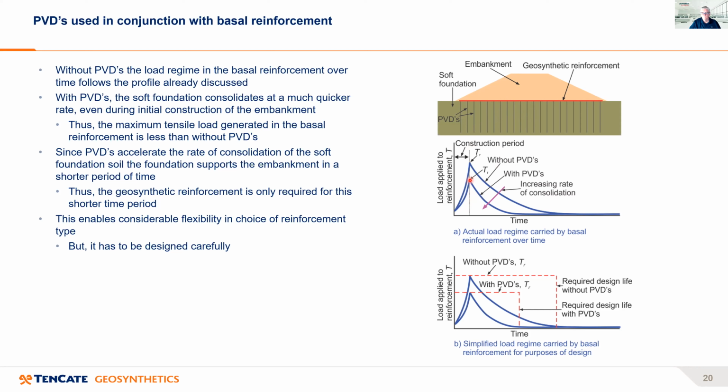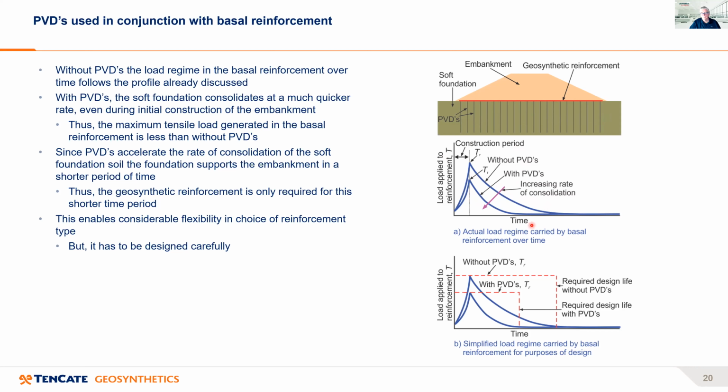And then after we've finished the embankment, the load drops off in the basal reinforcement, and it drops off much quicker because the PVDs are accelerating the rate of consolidation of the soft soil. So the time over which we need the reinforcement is shorter than when no wick drains are used.